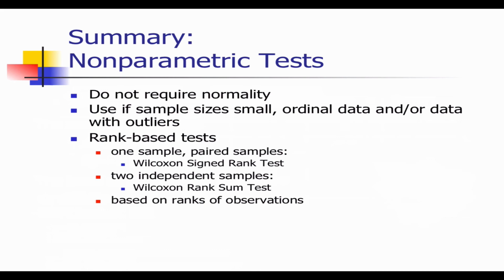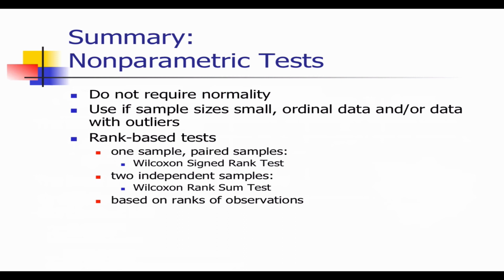Just to summarize what we have learned today: we learned two rank-based tests, and both of those are called non-parametric tests. That is because those tests can be used for data coming from any distribution, and both are based on rank. For any test based on rank, you're not comparing the mean of your population; rank really gives you the position.